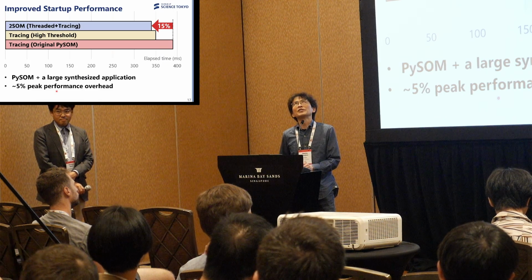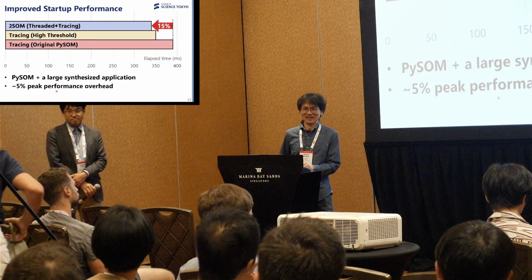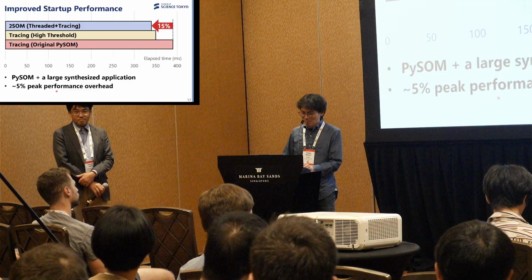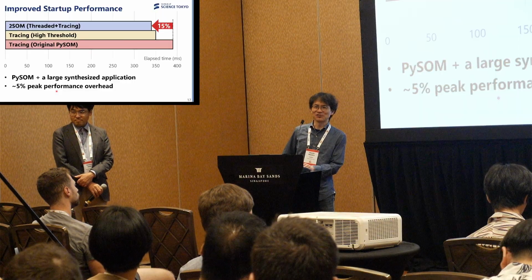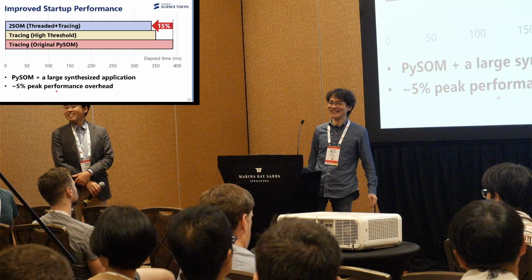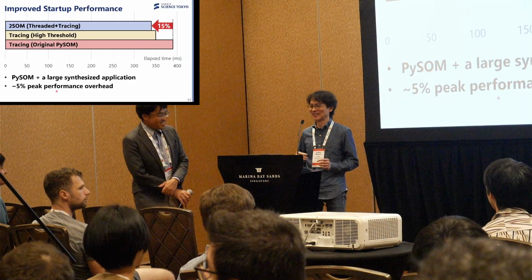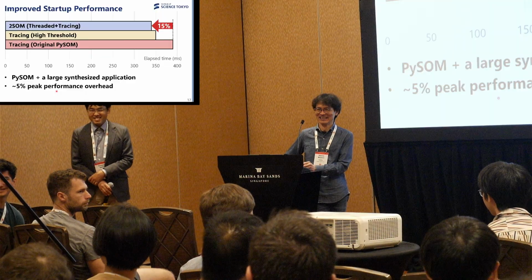So your question is basically about the difference between SOM and Smalltalk. Or in general. I don't have a good answer right now. Stefan is here, maybe he can answer after the session. We'll talk later.